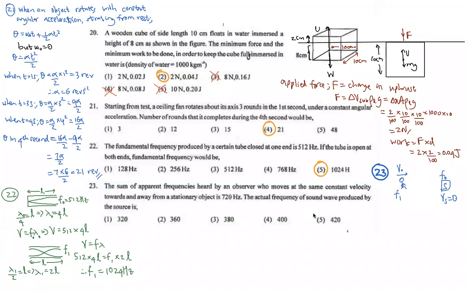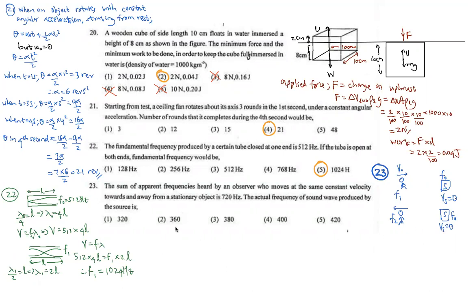The sum of apparent frequencies, F1, and then he's moving away, and he's hearing F2 when he's moving away from the source, which is stationary and has an original frequency of F0.